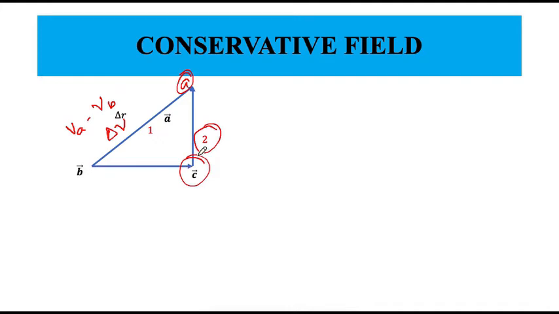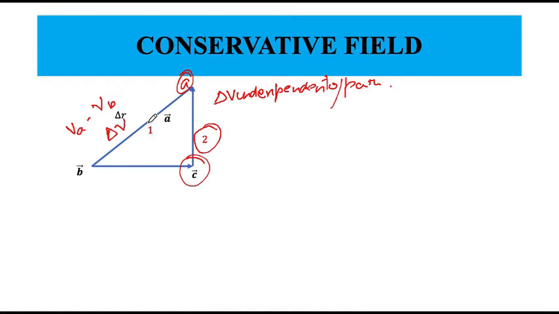This is one very important observation. Let us mark it: delta V is independent of path, and it depends only on endpoints. You can choose any path, and this will depend only on the endpoints.